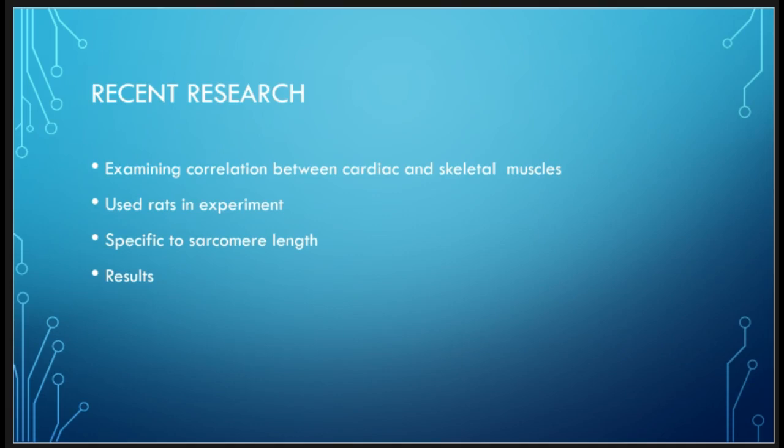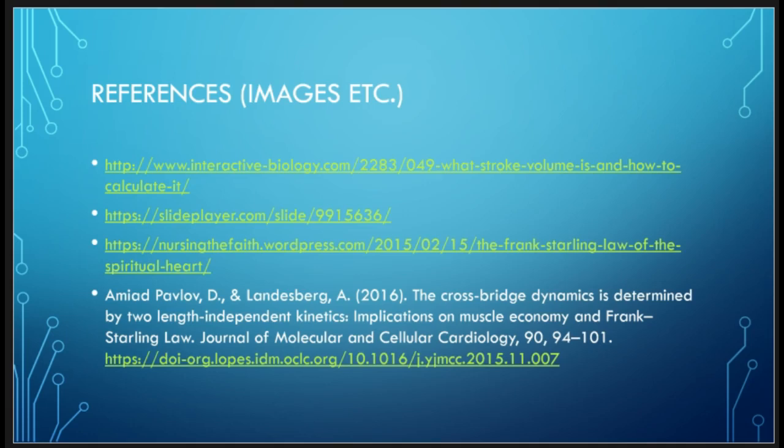So it's fascinating from this particular study that it wasn't sarcomere length; it was due to the force of the cross bridge and the number of cross bridges that are formed, and each one of those has its own unique contribution to the Frank-Starling Law of the heart, making sure that end diastolic volume is equal to that which is contracted out from the heart. So what goes in, what comes out, and some very fascinating things as to how that relationship works.